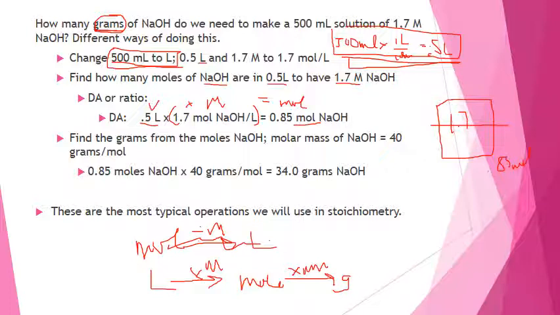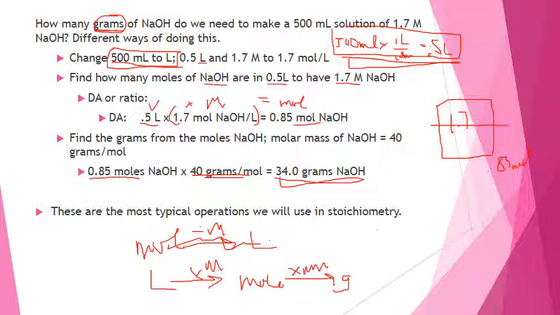Now I have moles, and I want to figure out how many grams that is. If I know the molar mass and I have the moles, I multiply the moles by the molar mass and I get 34 grams of sodium hydroxide. So these are the 3 typical operations you'll have.